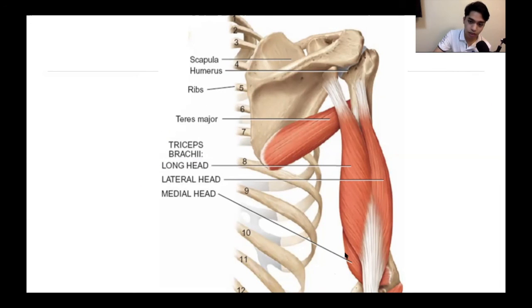And this one cannot be seen in this portion, but the origin again is at the lower half of the posterior surface of the shaft of the humerus. And then we have some muscles right here, the teres major, where it is inserted at the crest of the lesser tubercle, just like what I mentioned kanina. And the crest of the greater tubercle is the site for insertion of the pectoralis major muscle.